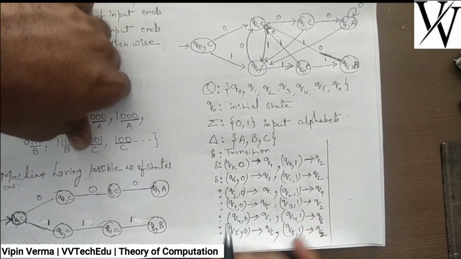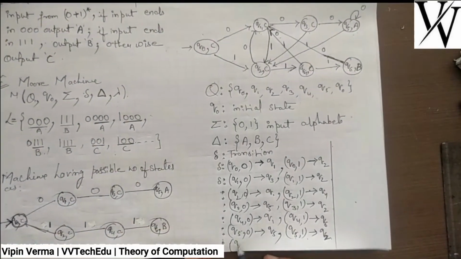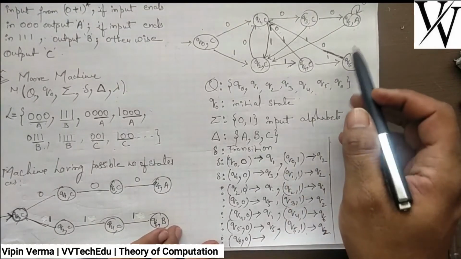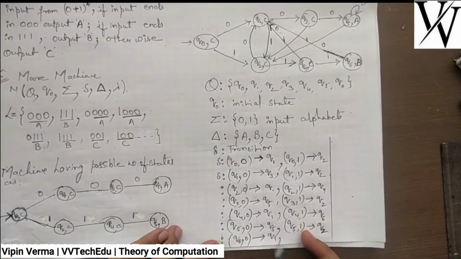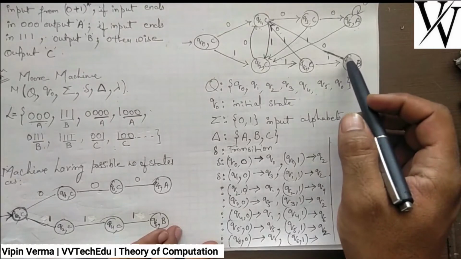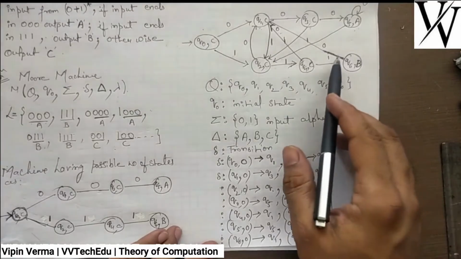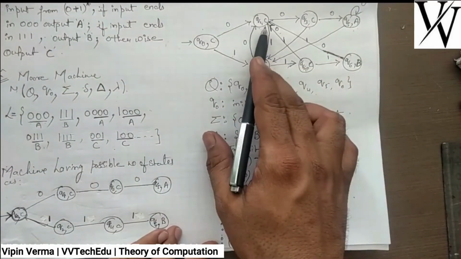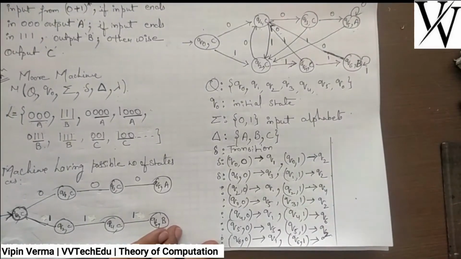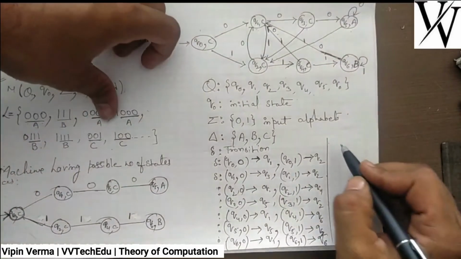Okay, and at last Q6 with 0, this is Q1, and Q6 with 1, 0 के लिए यहाँ और 1 के लिए it will be there. So this is Q6 itself.